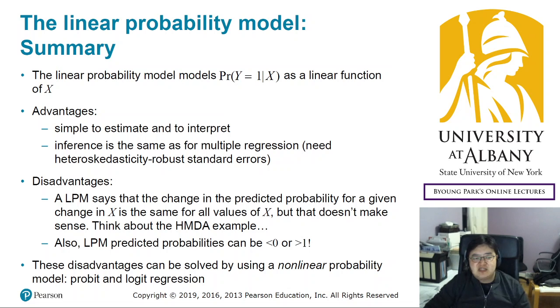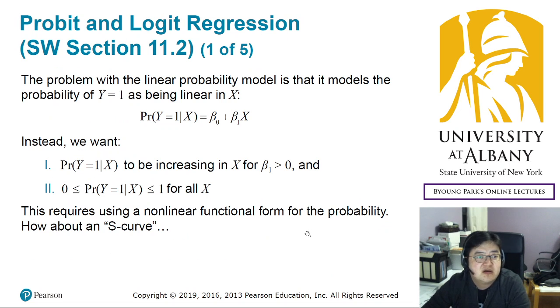But these disadvantages, these problems, are too big to ignore. So we have to think about a different model. That's what we are going to learn here. We are going to learn 2 different models, but the idea is the same. The 2 models are the probit and logit models.